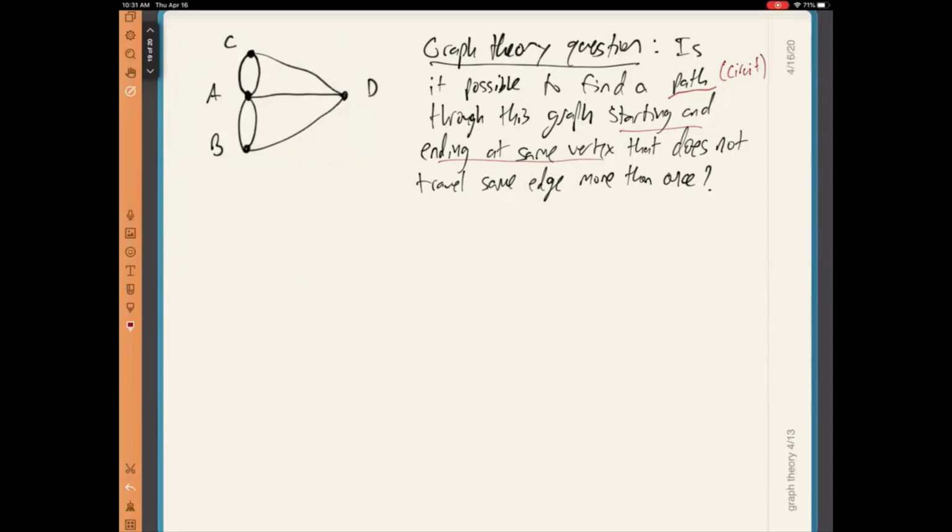And so remember, in graph theory terminology, we're really looking for a simple circuit, right? Because simple means that you don't travel the same edge more than once along the path. Okay, so we're looking for a possible simple circuit through the graph.